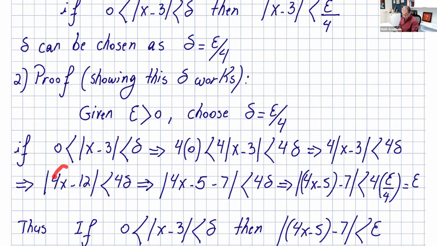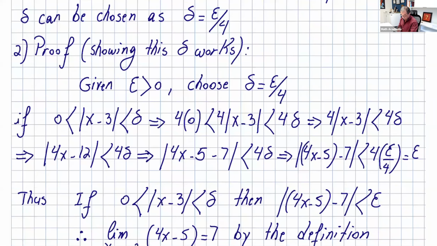The absolute value of 4x minus 12 can be written as 4x minus 5 minus 7, and that's less than 4 times delta. You can use parentheses to separate. We know this is our function f of x: the absolute value of (4x minus 5) minus 7 is less than 4 times, but we picked delta to be epsilon over 4, and that's the same thing as epsilon, the 4s cancel. So if I start from here, I can say if that's true, that implies that this is also true.